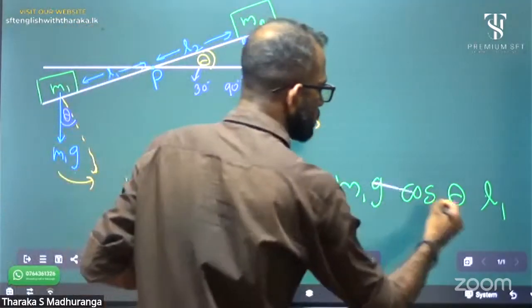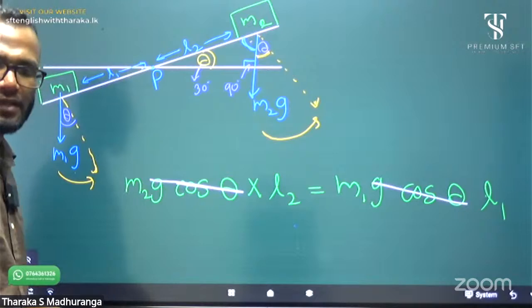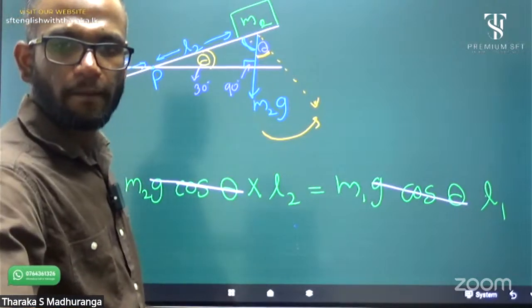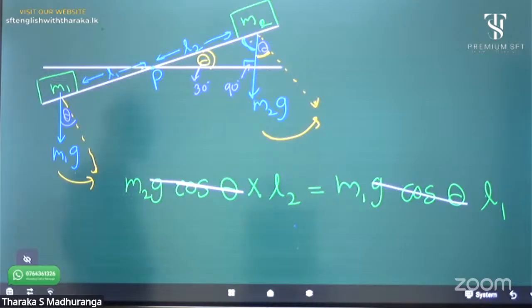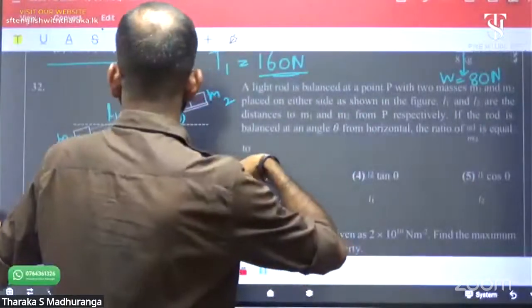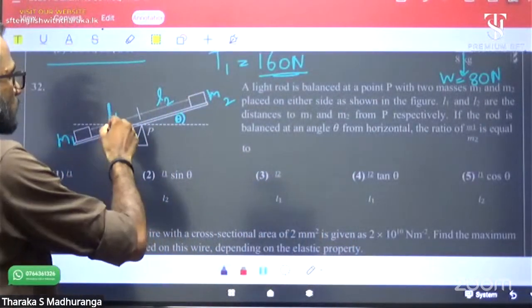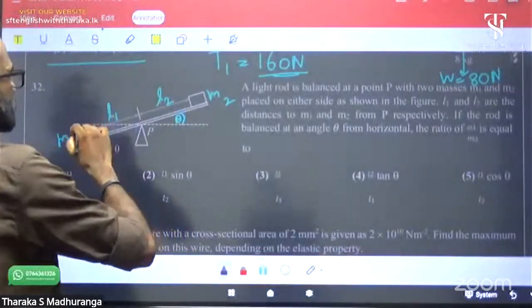G cos theta cancels out. Theta equals this theta. It's just like this.